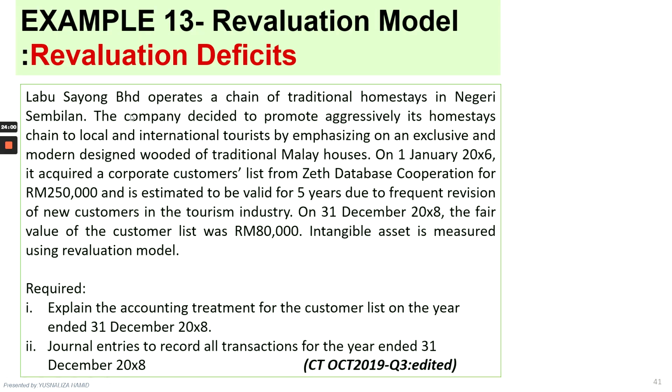Okay, this is another example, which is for revaluation deficit, Labu Sayung. Labu Sayung operates a traditional homestay. If you go through this, you would see that this company acquired a customer list from another company for 250,000, with a finite useful life of 5 years, and the fair value was later determined to be 80,000.